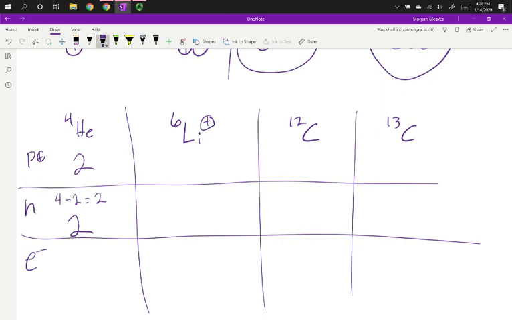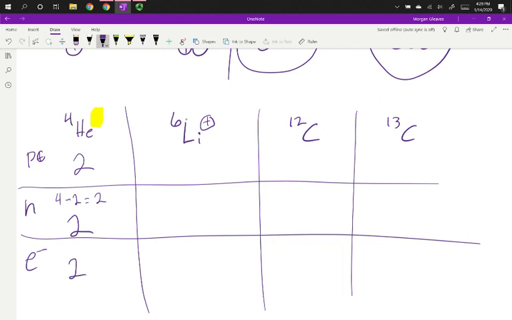If I look at my electrons, well, I have no charge. My charge is left blank. So I have no positives or negatives overall. But I know I had to have 2 positives to be helium. So I must cancel the 2 positives with 2 negatives. I must have 2 electrons. So my helium-4 with no charge has 2 protons, 2 neutrons, and 2 electrons.